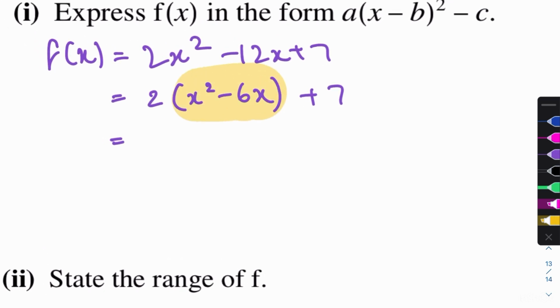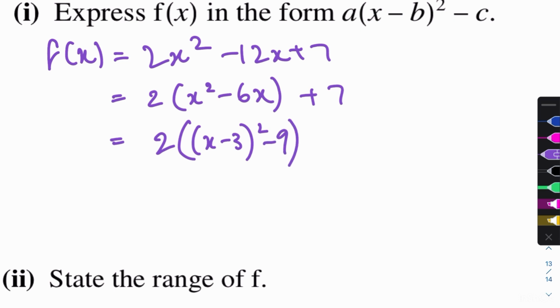So now that we've got x squared minus 6x in here, we know that the inside bracket is just going to be x minus 3 squared because that's half of 6. So we're going to have 2(x minus 3) squared minus 9 plus 7.